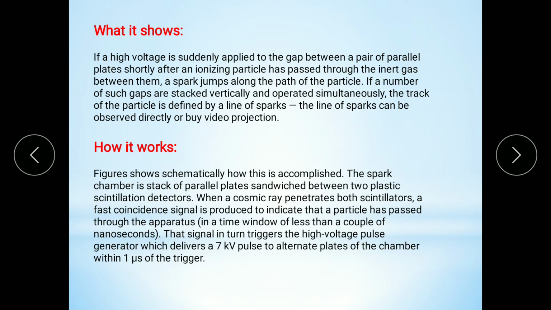Means the plates are alternately connected, and as the particle goes through that inert gas, a spark will occur.